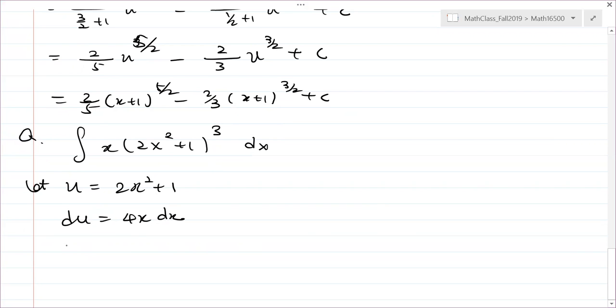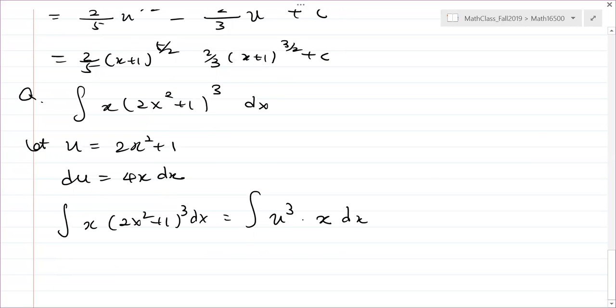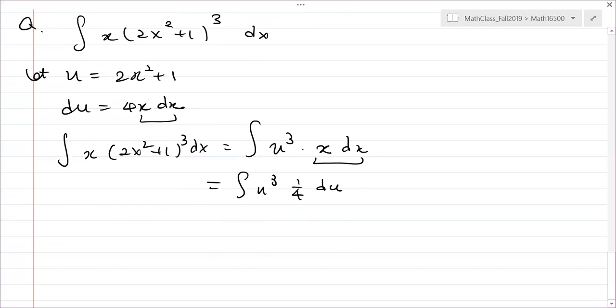All right, so let's do this step by step. It's going to be u cubed, and I change x dx, that's still okay, where u is going to be 2x squared plus 1, and x times dx is this part, right? Then you find the antiderivative of u cubed, and then you're done.